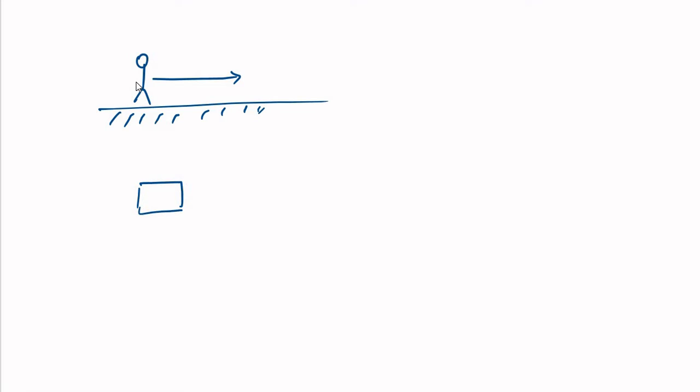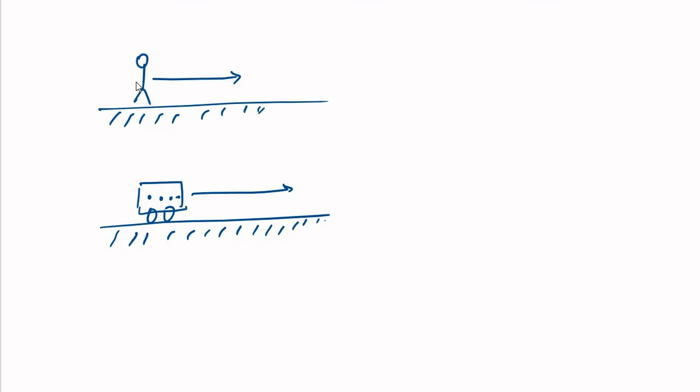A person walking on the road, a vehicle moving on the road, or a car moving on the ground has translatory motion, because all the points on that object cover equal distances in equal intervals of time from their starting point.